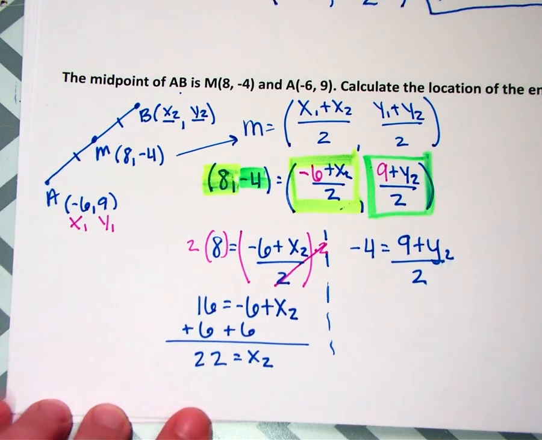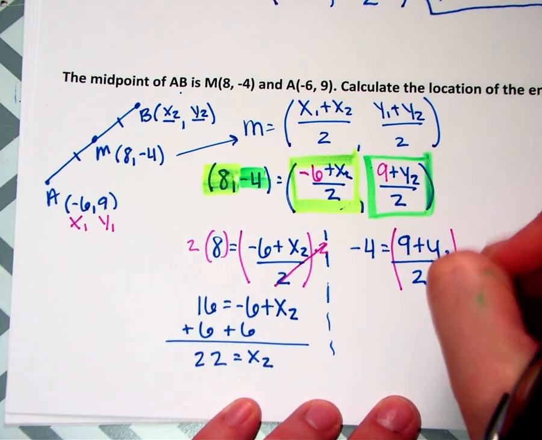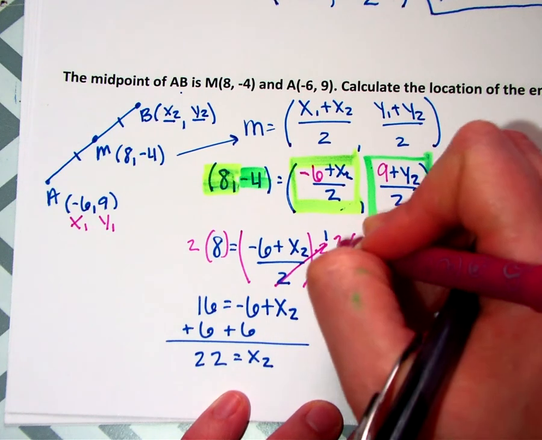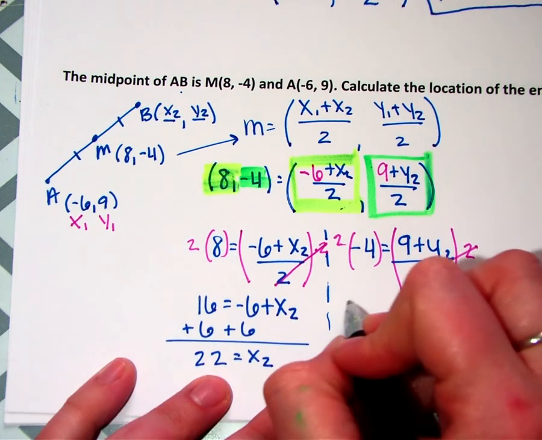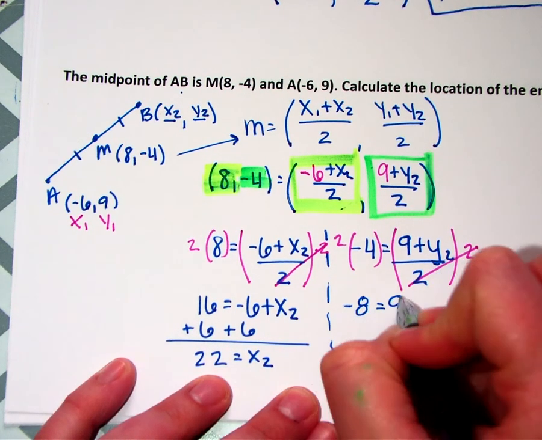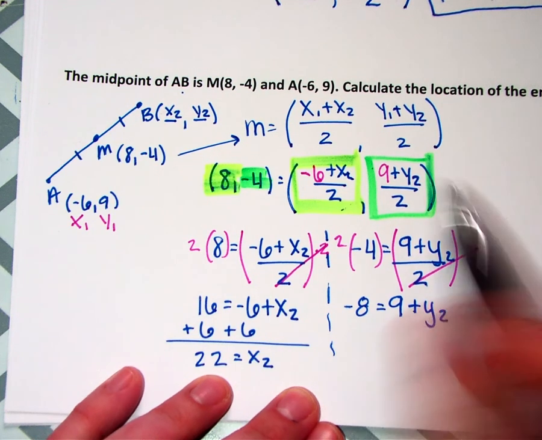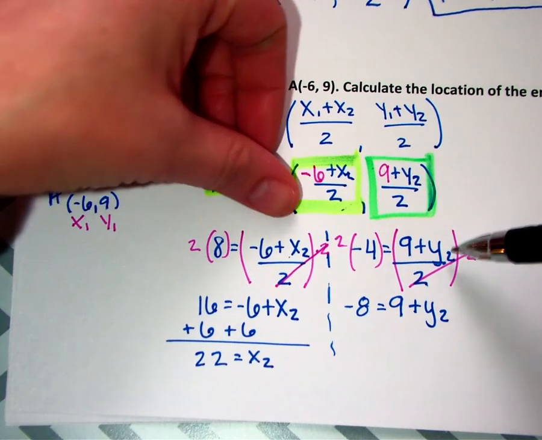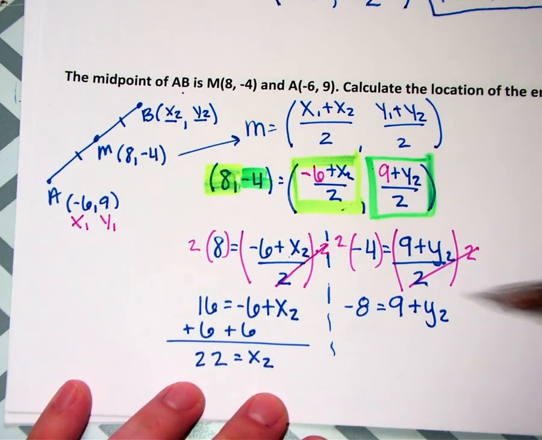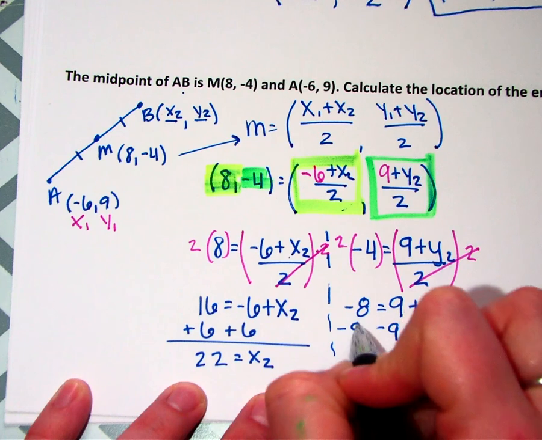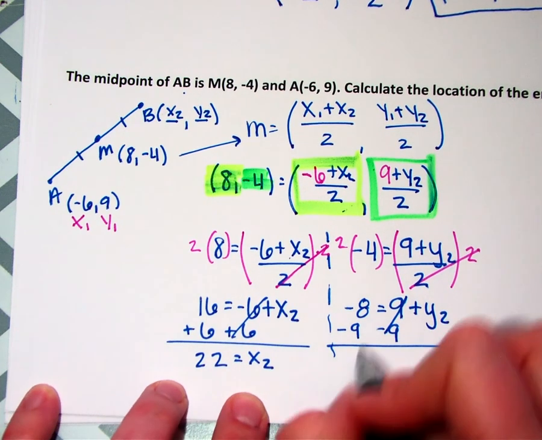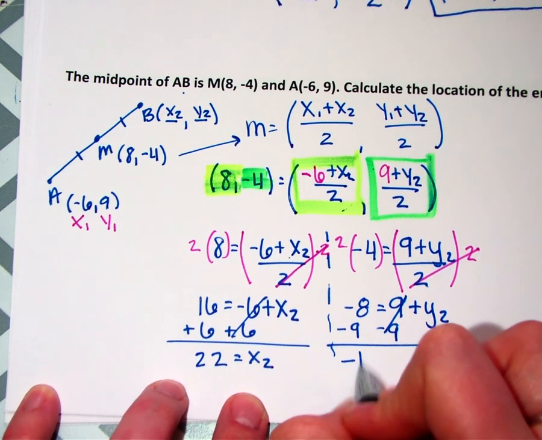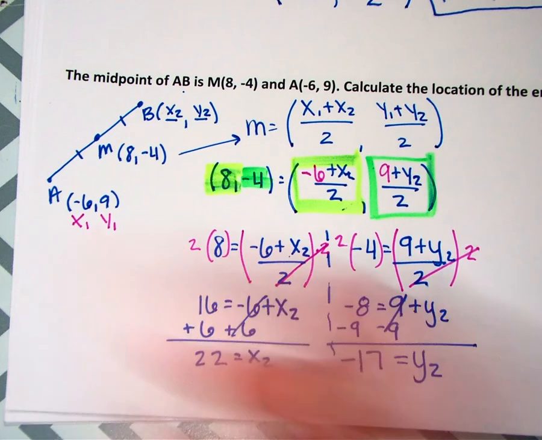I'm going to do the same thing with my y's. I'm going to clear the fraction by multiplying by the denominator, so the 2's cancel. 2 times -4 is -8. Bring down the 9 plus y sub 2. You do not mess with the numerator. The numerator just gets brought down. Then I'm going to go ahead and subtract 9 from both sides. -8 minus 9 is -17 equals y sub 2.